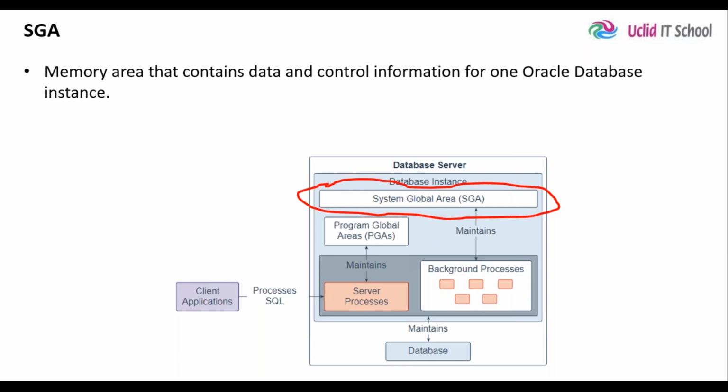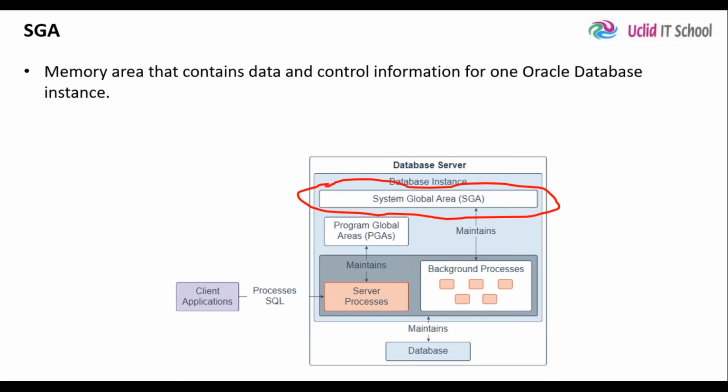And when the instance accesses data from the database, that data will be cached, stored inside SGA. And the control information, who has access to this data, who can modify this data, who can delete this data, who can query this data, all that information is also stored inside SGA.